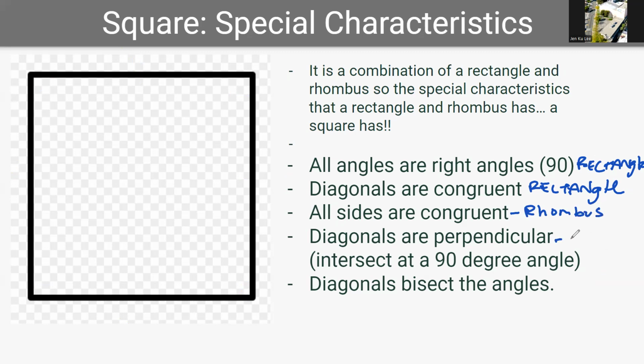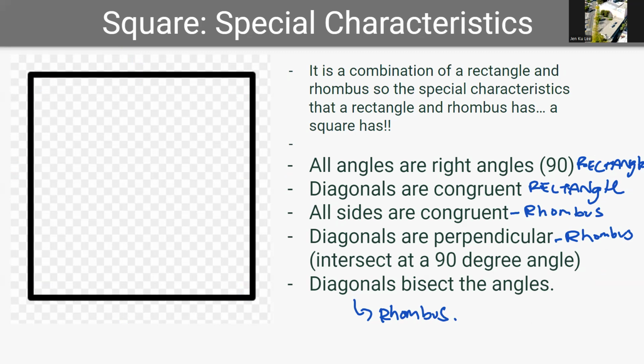Diagonals are perpendicular, that's from the rhombus. And the diagonals bisect each other, that's also from the rhombus. Okay? So you can see that the square holds all of the characteristics. Okay? Does that make sense?